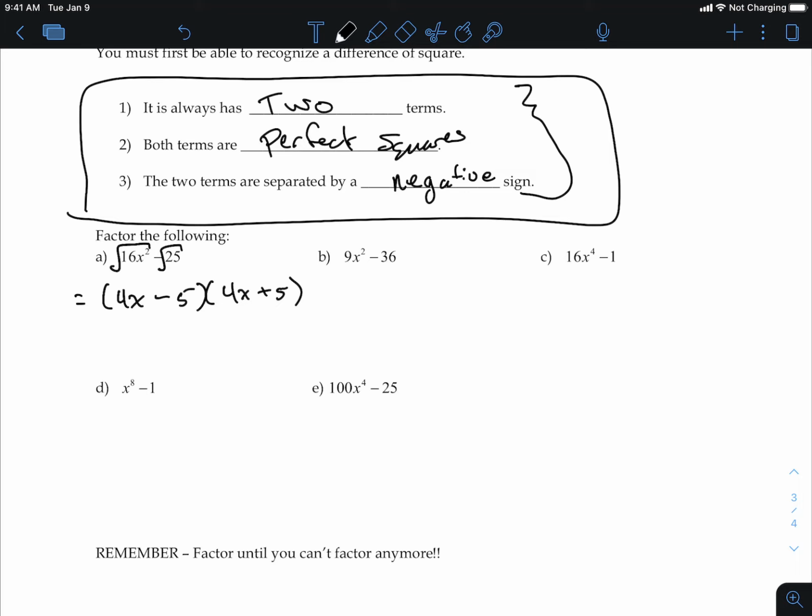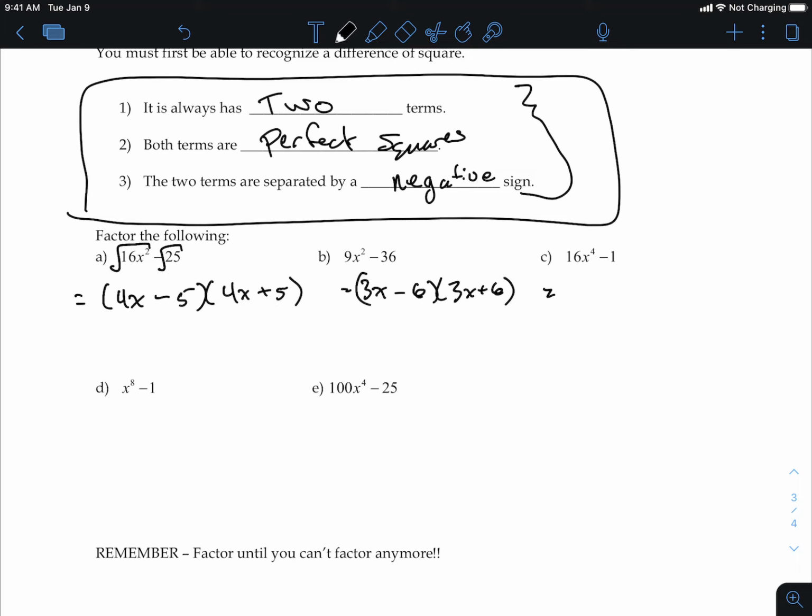Hopefully, if you know the 3 times 3, 4 times 4, 5 times 5, you can just look at this one and go 3x minus 6, 3x plus 6. There's no thinking. As long as you know what your perfect squares are numerically, there's no thinking. Is that okay?